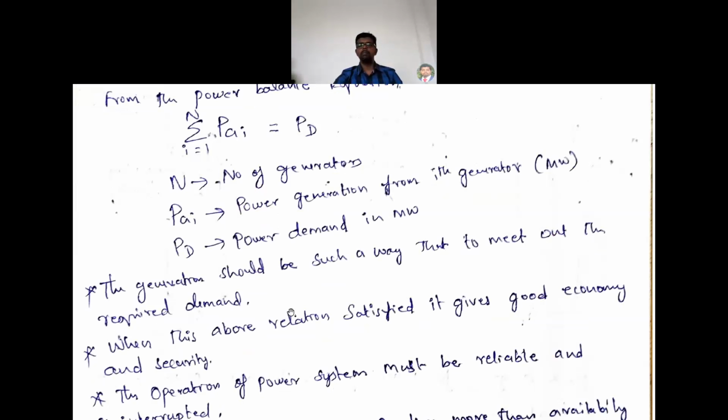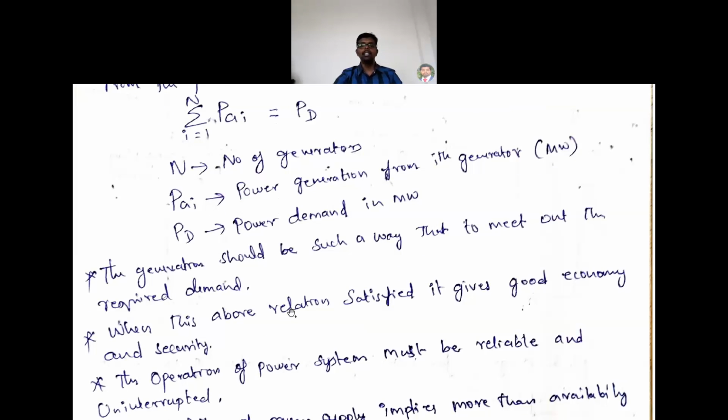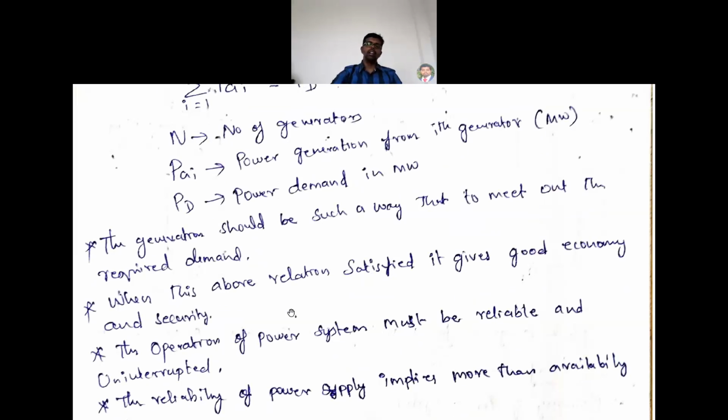The operation of the power system must be reliable and uninterrupted. Your power system should be reliable and uninterrupted. We need to give power 24 by 7, 7 days a week, and 365 days, without interruption.